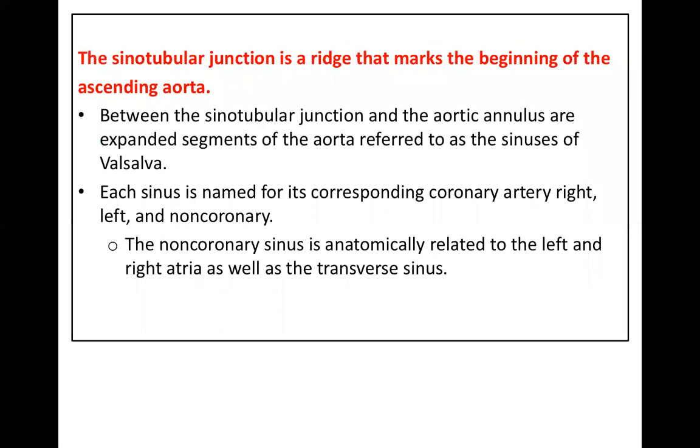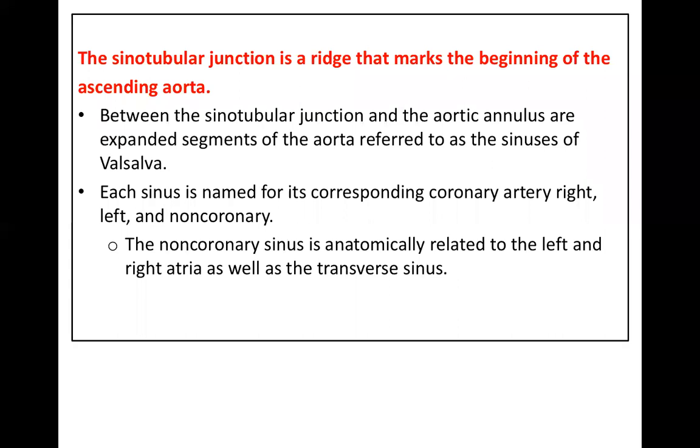The sinotubular junction is a ridge that marks the beginning of the ascending aorta. Between the sinotubular junction and the aortic annulus are expanded segments of the aorta referred to as sinuses of Valsalva. Each sinus is named for the corresponding coronary artery: right, left, and non-coronary.